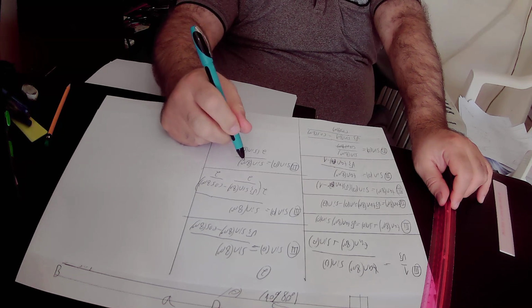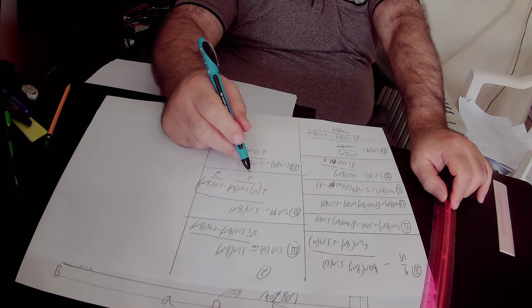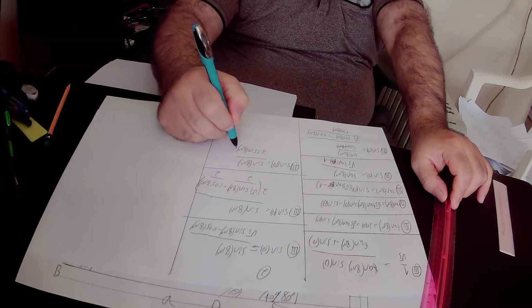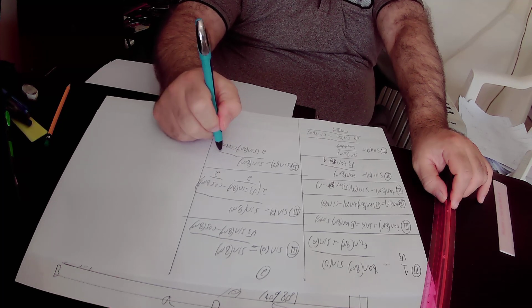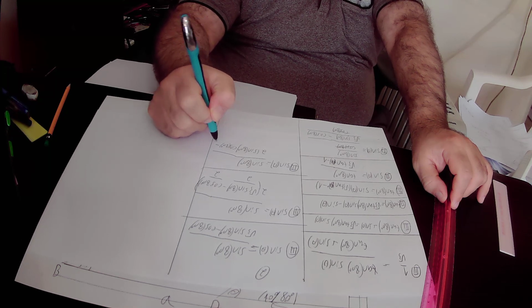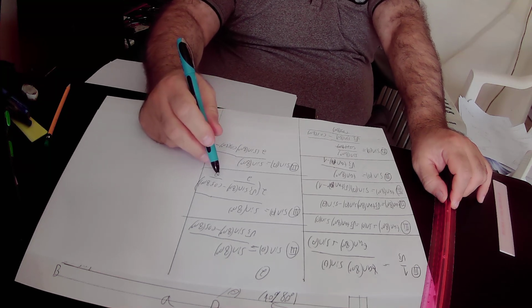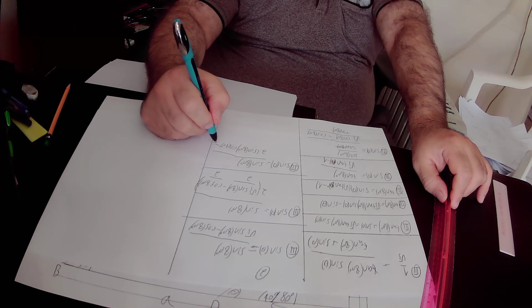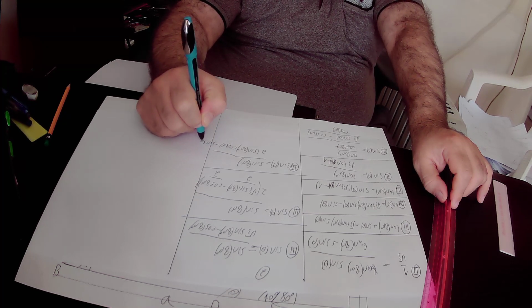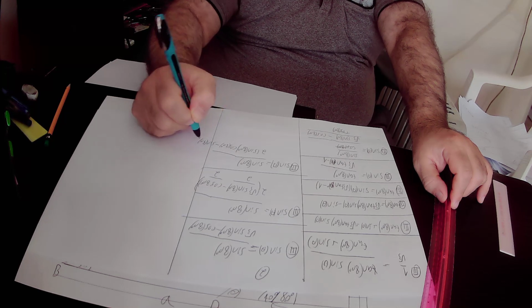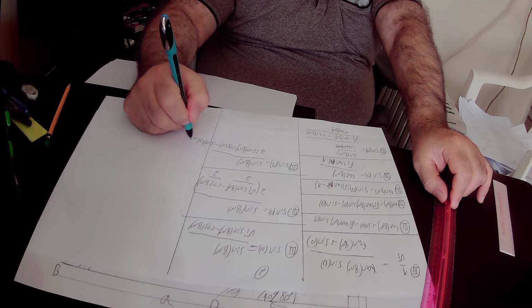Here we substitute square root of 3 over 2 by cosine 30 degrees, because cosine 30 degrees equals square root of 3 over 2, minus, we substitute 1 over 2 by sine 30 degrees times cosine 80 degrees.